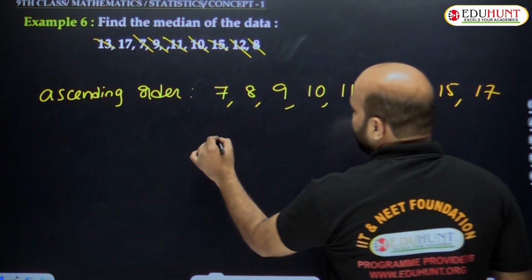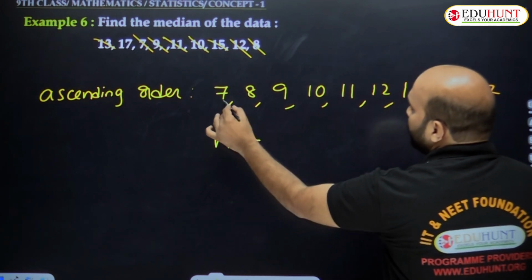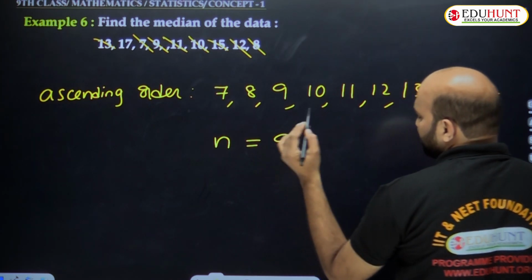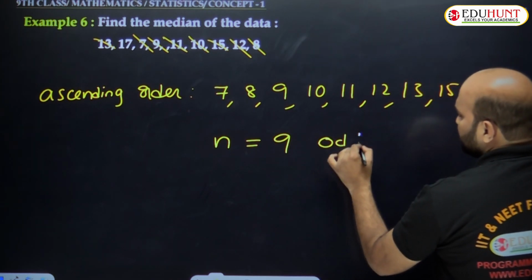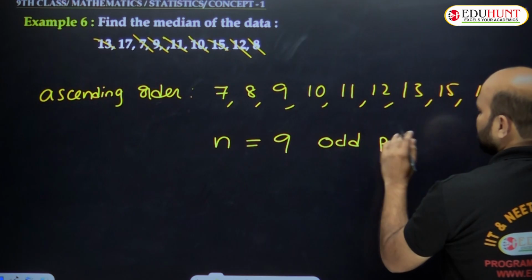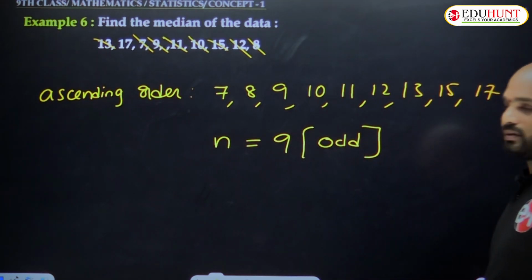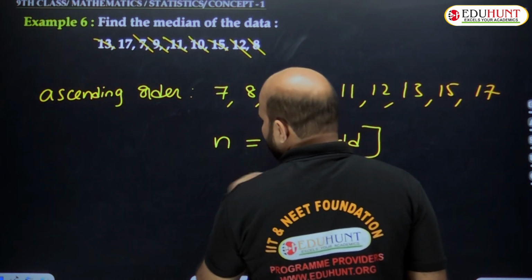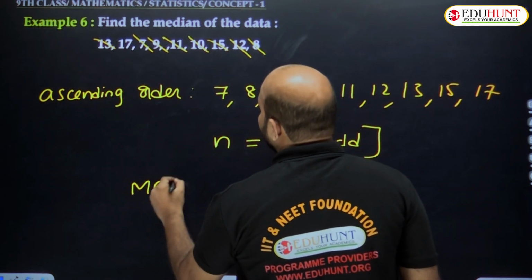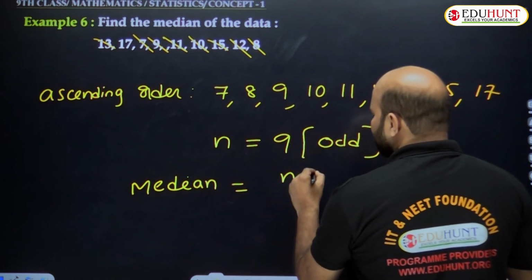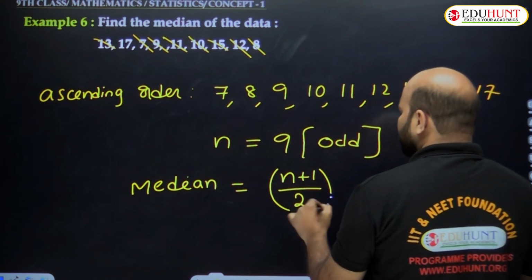But here n value is nothing but the number of positions. 1, 2, 3, 4, 5, 6, 7, 8, 9. 9 positions are given, so that is an odd number. When n value is an odd number, what is the median formula? Median equals the n plus 1 by 2th observation.